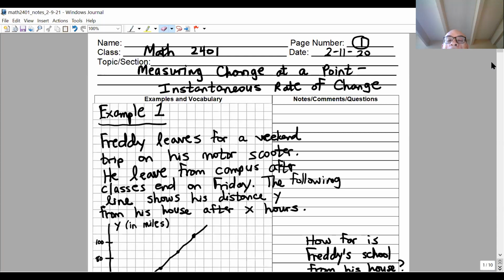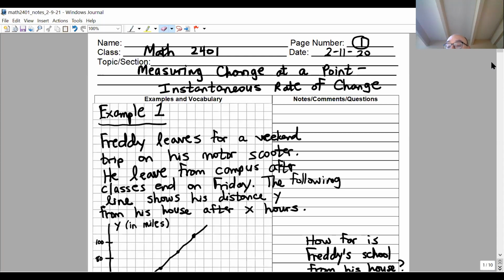I'm going to start off now with a very, very easy example, because I'm trying to get you to sort of understand conceptually this idea of instantaneous rate of change. As soon as we talk about instantaneous rate of change, we'll have four ways of measuring change, right? We have net change and then percent change. Those are kind of elementary.